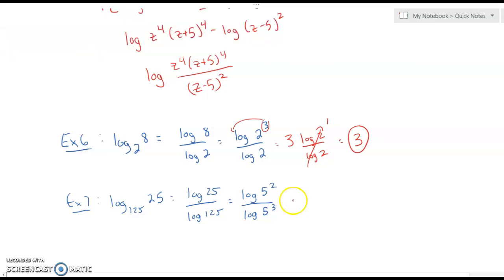Take those numbers in front, making it 2 log 5 over 3 log 5. And again, the log 5s will cancel, giving me 2/3. Now, we can still do that in a different way. We can set up an equation, set that equal to x, loop around, and still get the same answer. But change of base might be a quicker, easier way for you to get the job done.